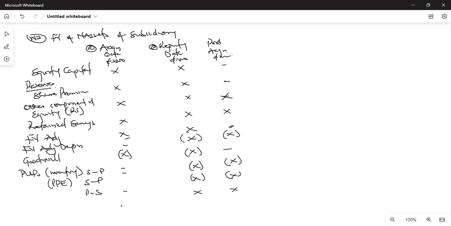At the end of the day, you are going to total them, and you're going to use this one for your workings 4 and 5. That is that.